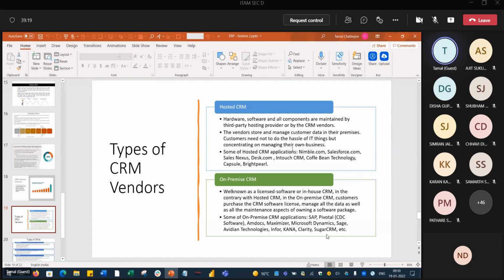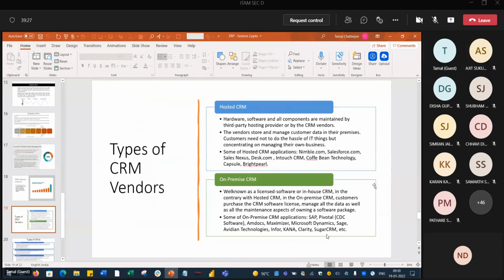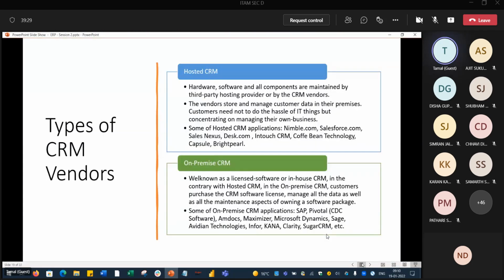Some of the hosted ones are the CRM application on nimble.com. Salesforce has the major share in the CRM industry. Others are basically small players, not at par with Salesforce.